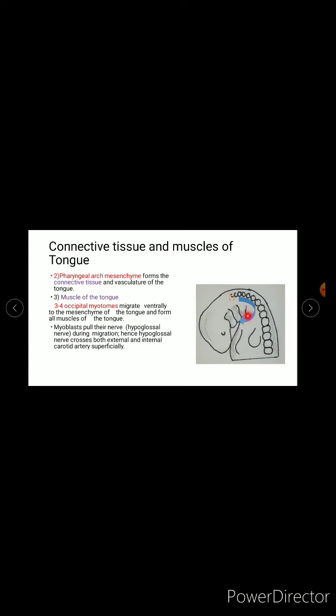These myoblasts form all the intrinsic as well as extrinsic muscles of the tongue. Myoblasts pull their nerve, the hypoglossal nerve, during migration. Hence, the hypoglossal nerve crosses both the external and internal carotid artery superficially.